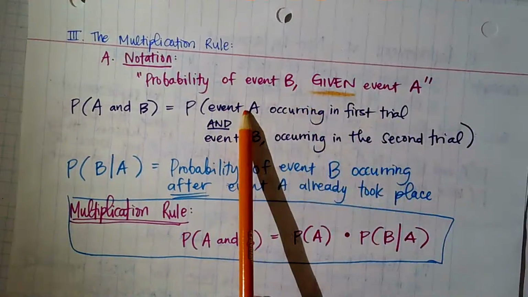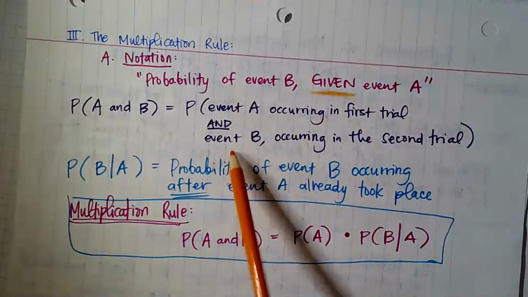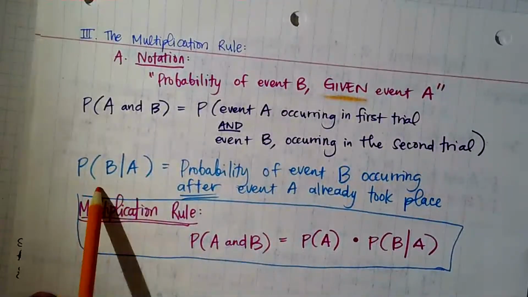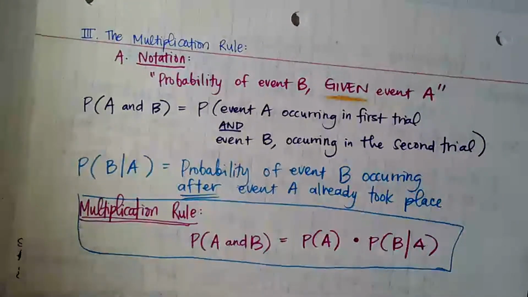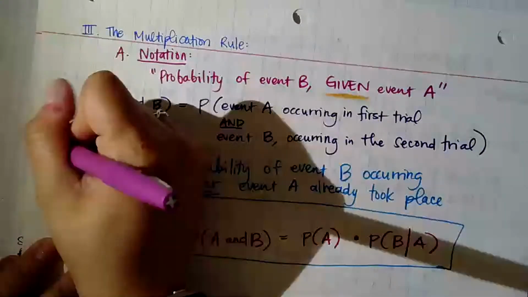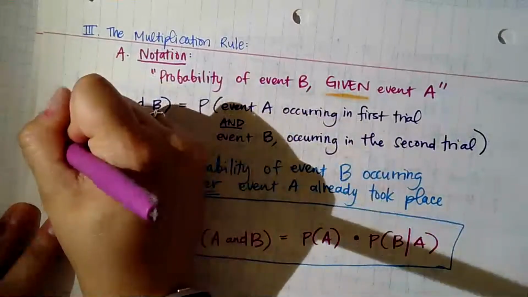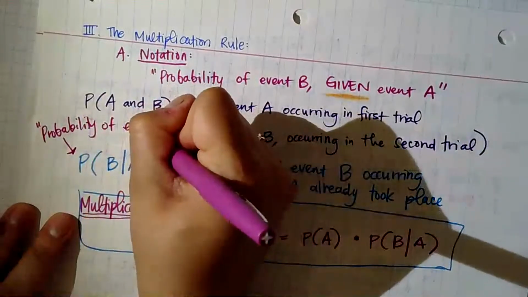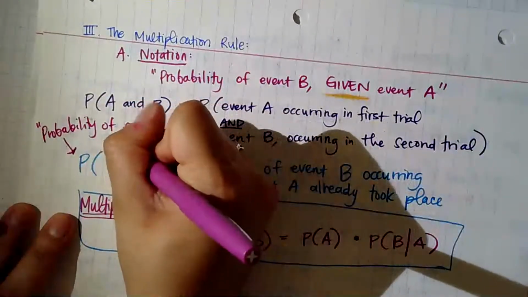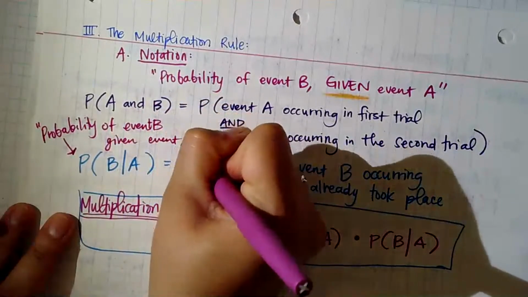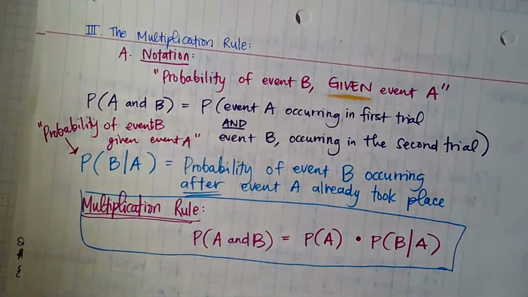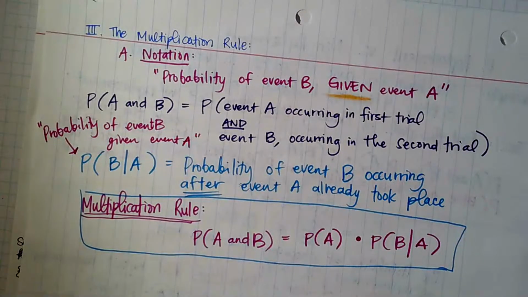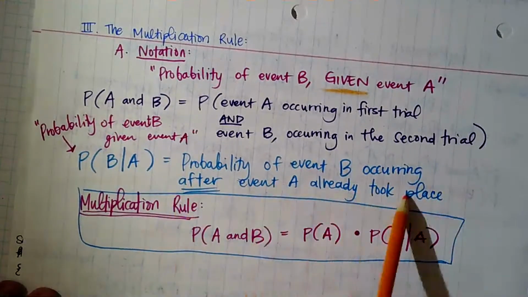So the first trial goes to event A, the second trial goes to event B. And then this is the new notation, P of B given A. You read this as the probability of event B given event A, which means the probability of event B occurring after event A already took place.